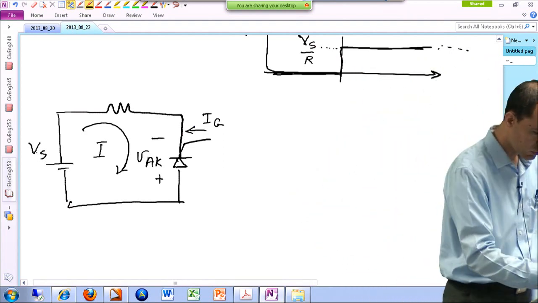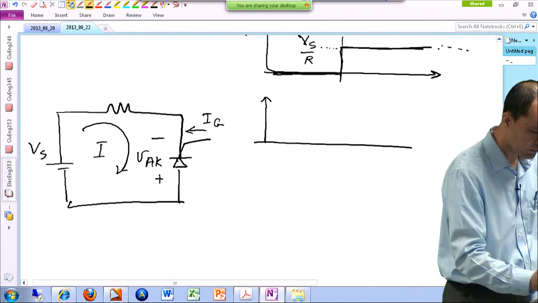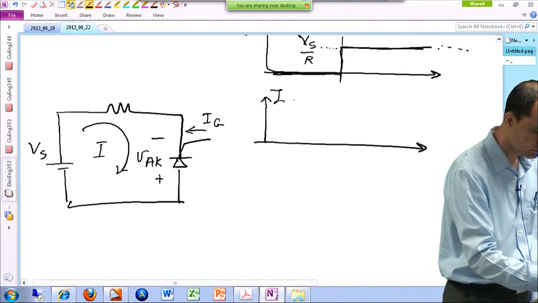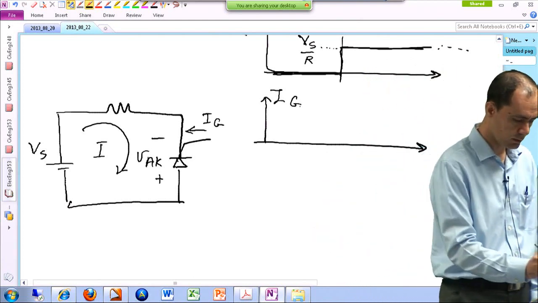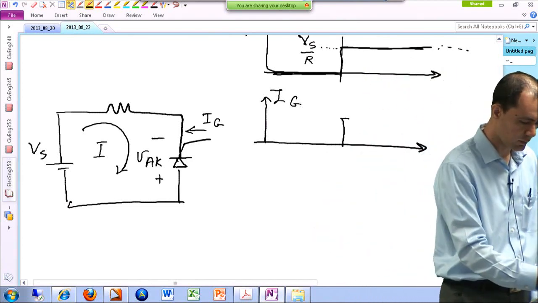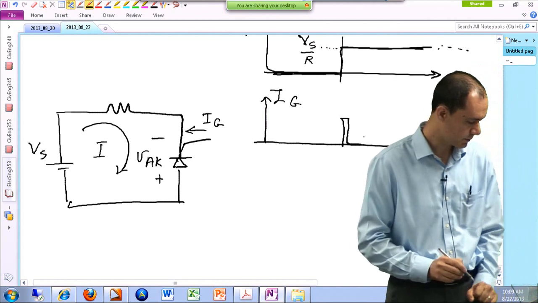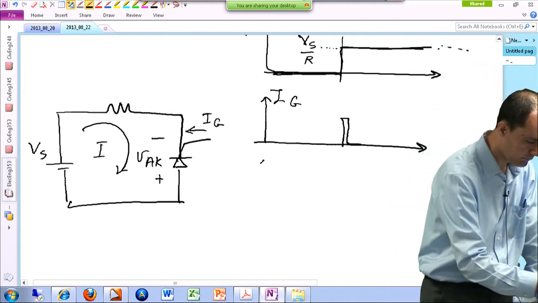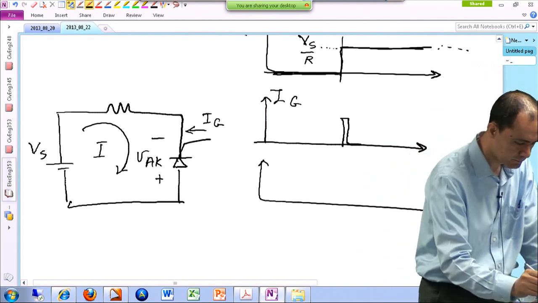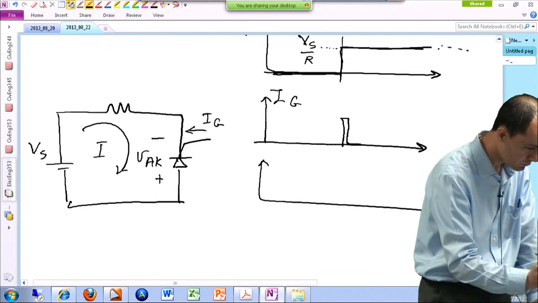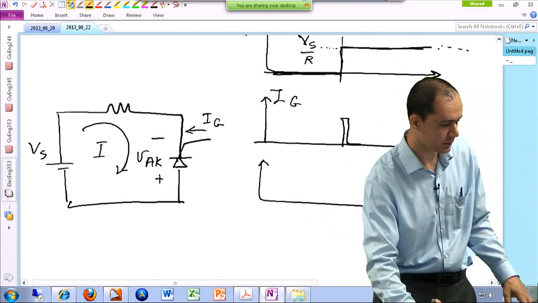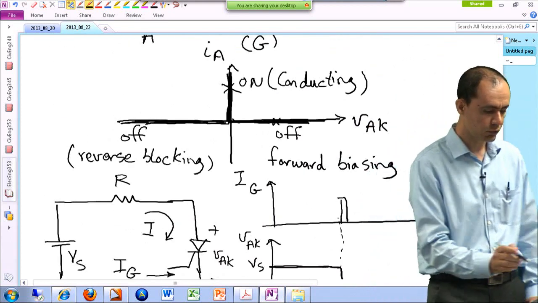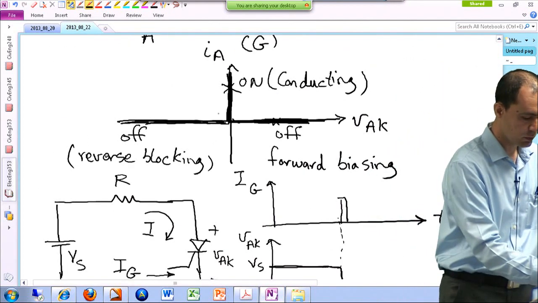All right, so let's say we are initially here. I'm monitoring my gate triggering signal. At the beginning there is no triggering, but later on I trigger the gate. So at the beginning there is no gate signal. That means the device is off. But I don't really know, is it off here or off here?